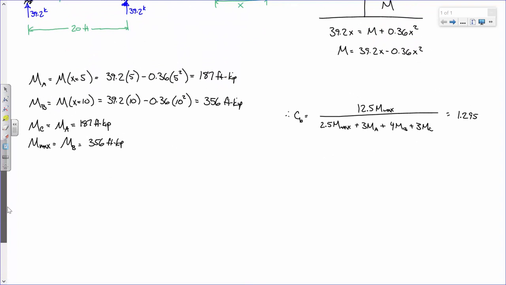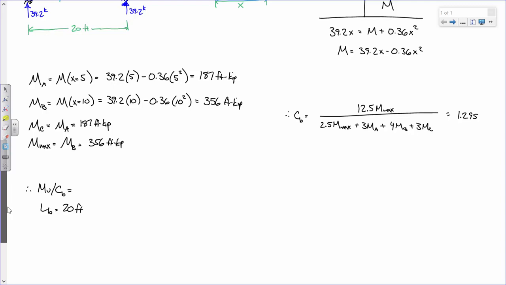So, what that means is, therefore, what's MU over CB going to be? What's LB going to be? Well, LB is 20 feet. What is MU divided by CB? What's our maximum bending moment within this section?